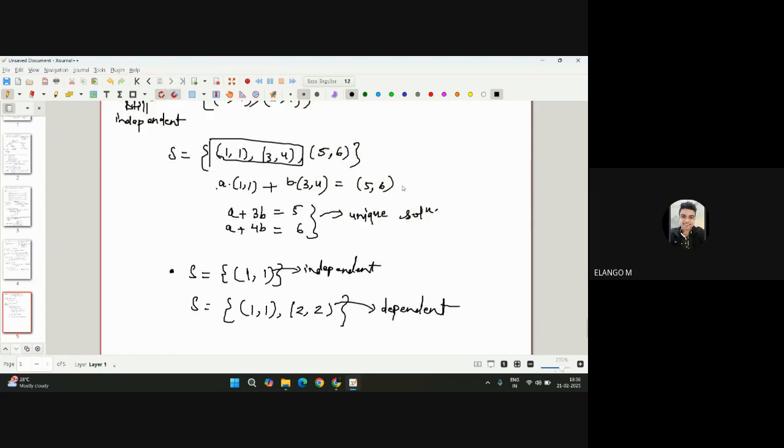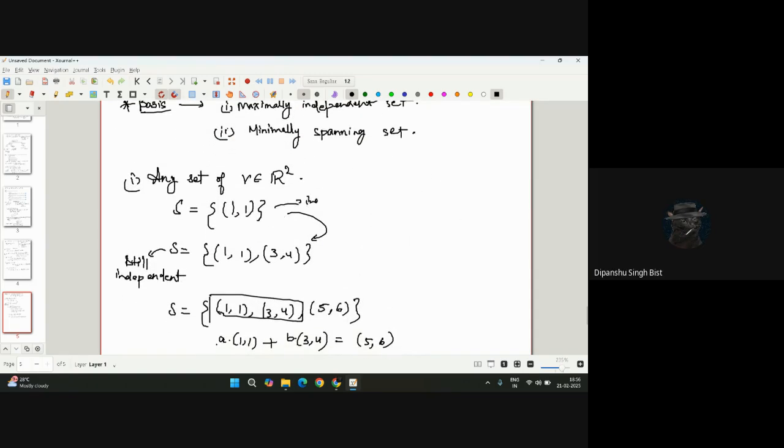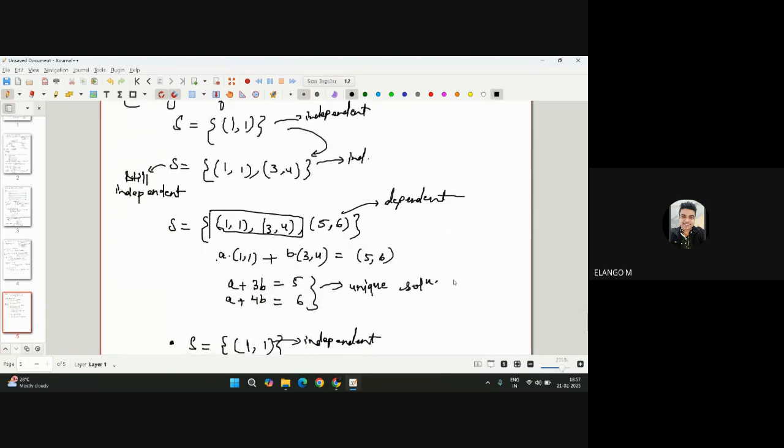Here it was independent, then I added something, it is still independent, but then it became dependent. So we should say dependent if it is any linear combination.